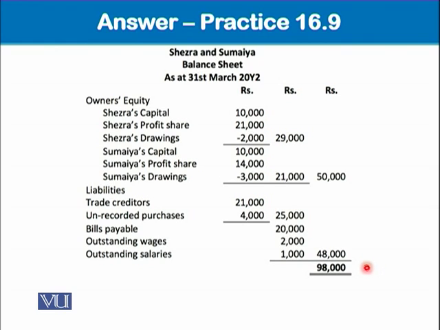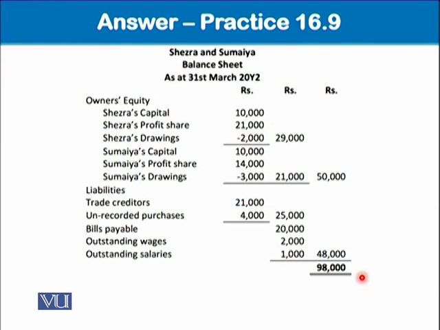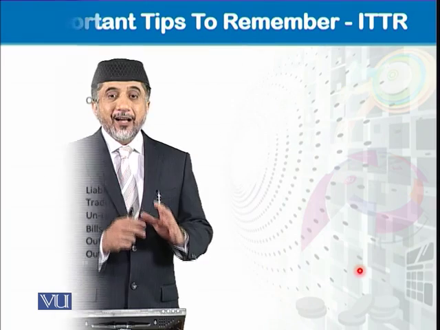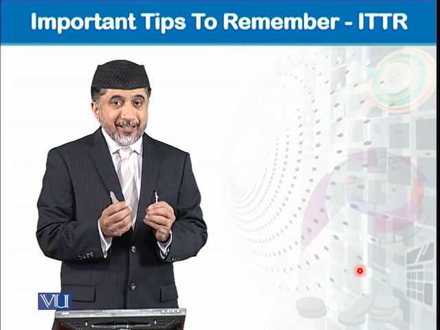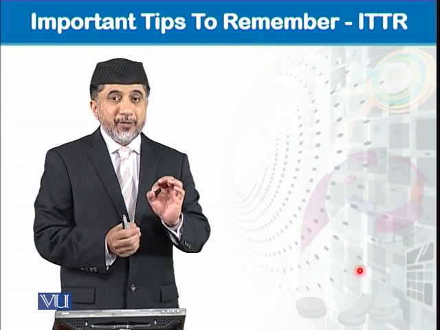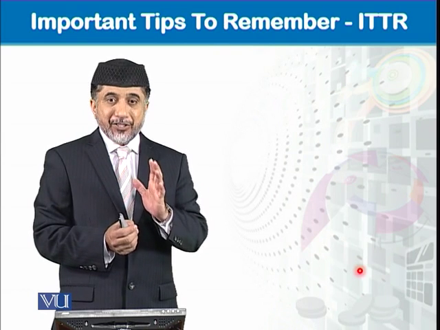If you see this 98,000, which is the sum of owner's equity and liability, is equal to the 98,000, which is the sum of the non-current assets and current assets. All right. So this is what we have learned in terms of our partnership. And this is the final thing, that we are done with the final accounts of the partnership firm.